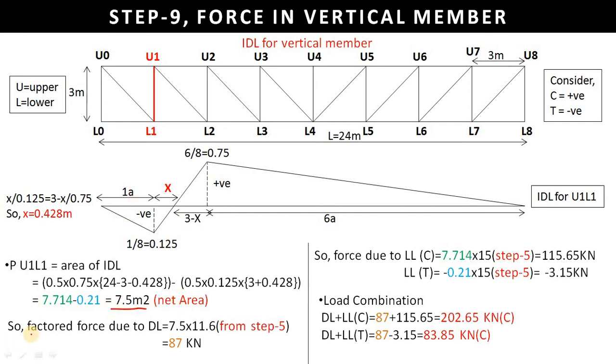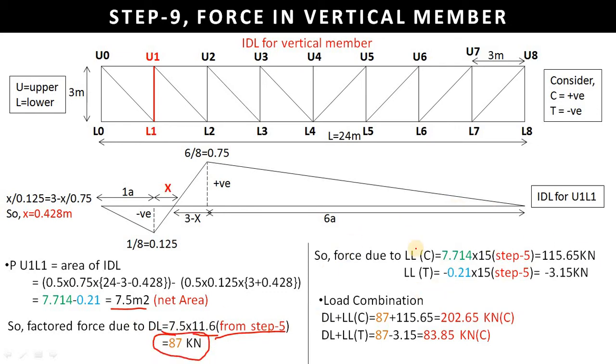Now the factored force due to dead load will be the total net area into the dead load, which is 11.6, which we have already seen in step number 5. So the factored force due to dead load will be 87 kilonewton.